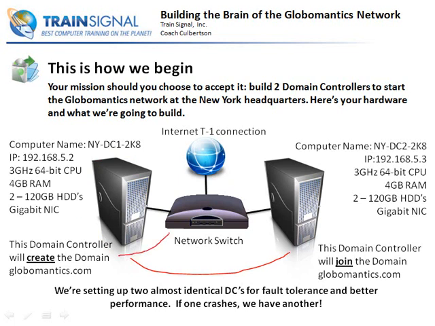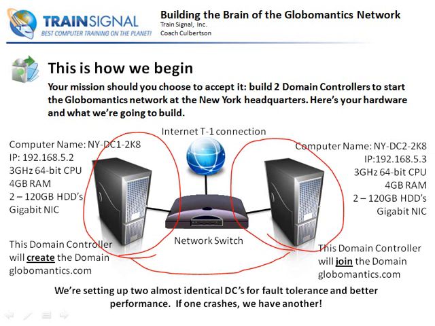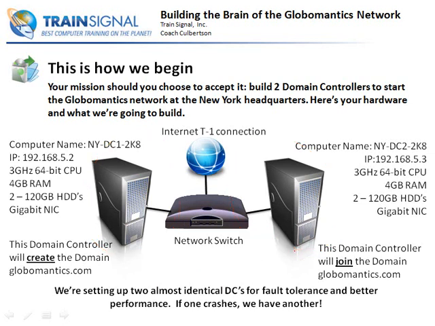So if this guy starts to get a little bit too beat up, this guy can also handle a lot of the load too. Now, let's say that we have two domain controllers on two different floors of your building. Well, that's pretty neat, because then we can have our users log in using this domain controller, or we could also have users log in with this domain controller. So again, two heads are better than one, two DCs are better than one as well.